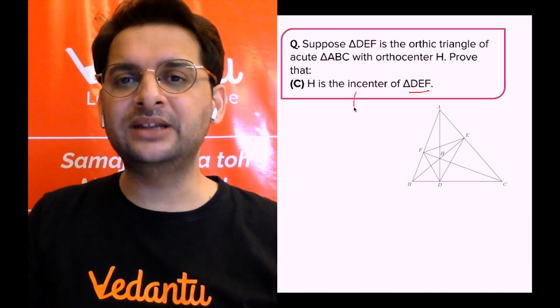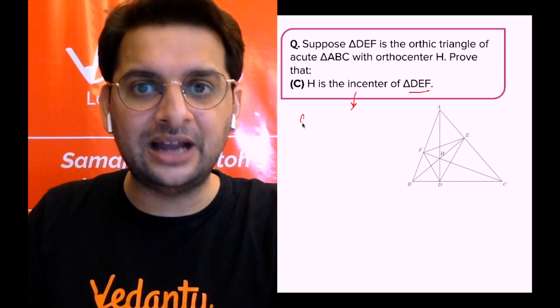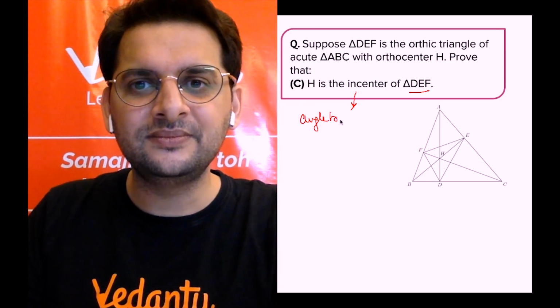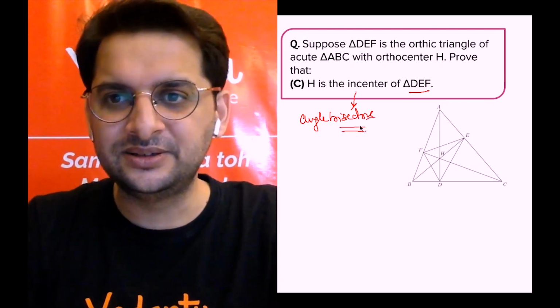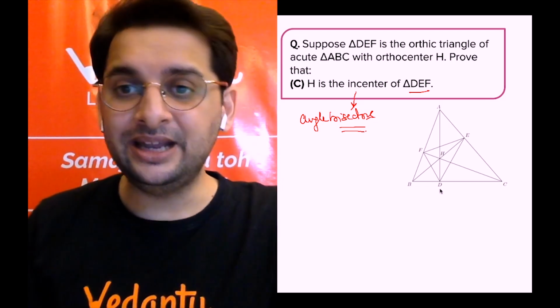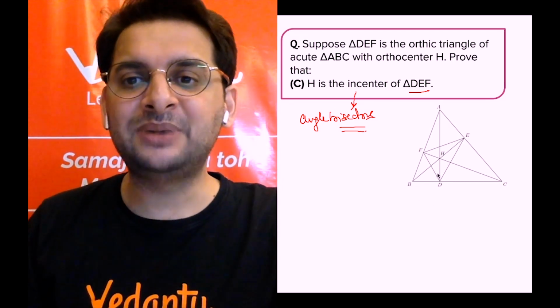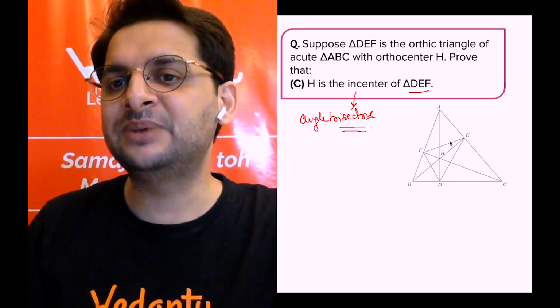If we remember what incenter is, the incenter is the point of intersection of the angle bisectors. So I have to prove that H is the incenter. That means DH bisects angle D. Likewise, FH bisects angle F and EH bisects angle E.